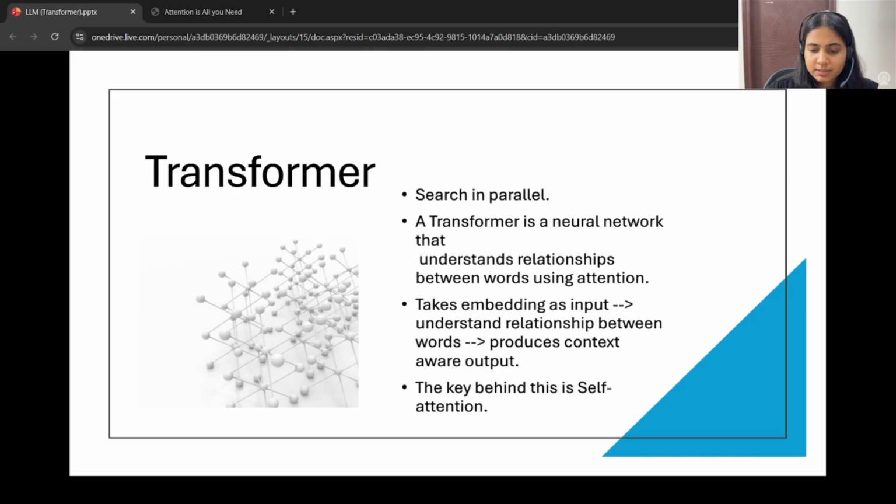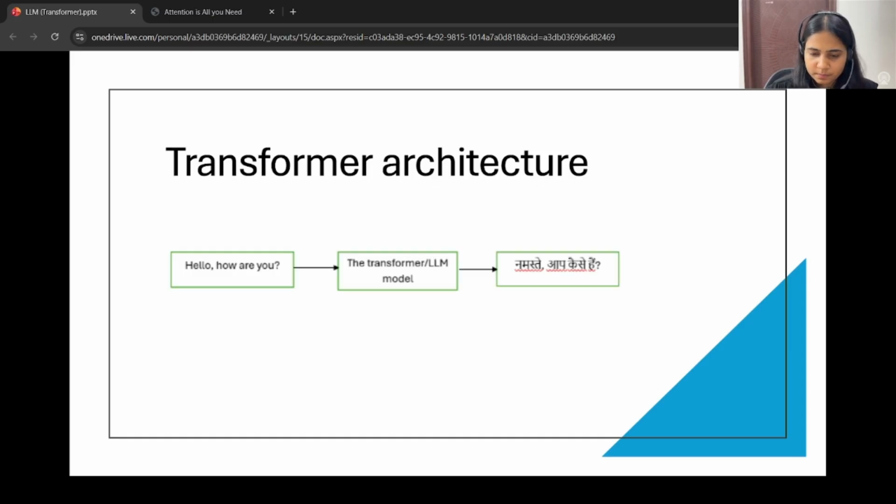It will understand the relationship between whatever words or sentences we send, and after that it will produce a context-aware output. So it will know the context and generate the output for us. The key behind all these things is the self-attention mechanism.